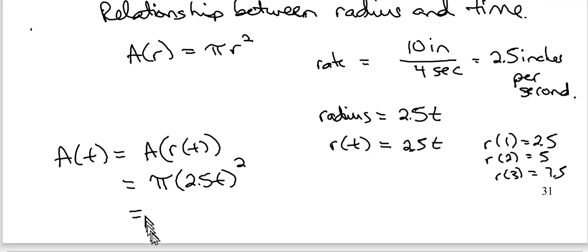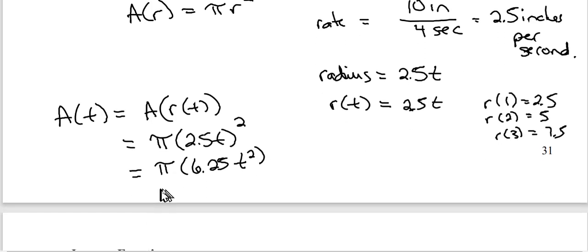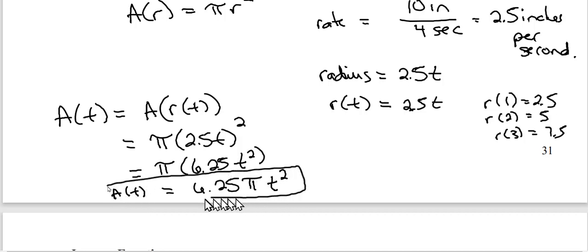We need to square it. 2.5 times 2.5 is 6.25 t squared. Cleaning that up a little bit, we would most commonly see that as 6.25 pi t squared. So there we have area of the circle as a function of time.